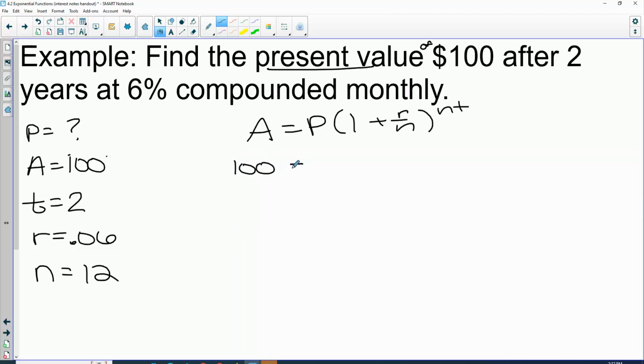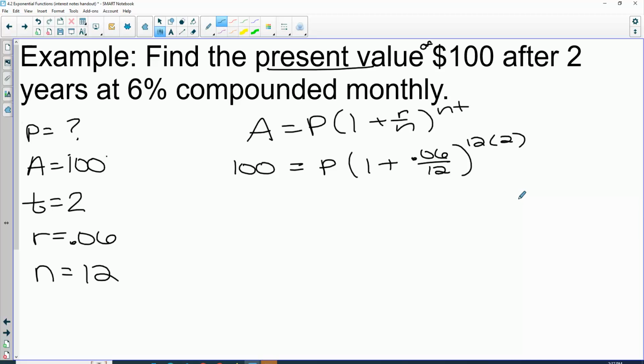So 100 equals P times 1 plus R over N, so 0.06 divided by 12, to the N times T, so 12 times 2. Okay, you can simplify as much as you want.